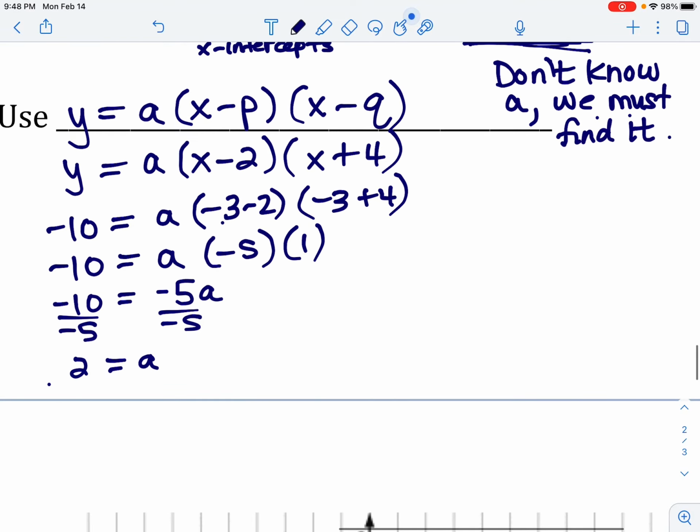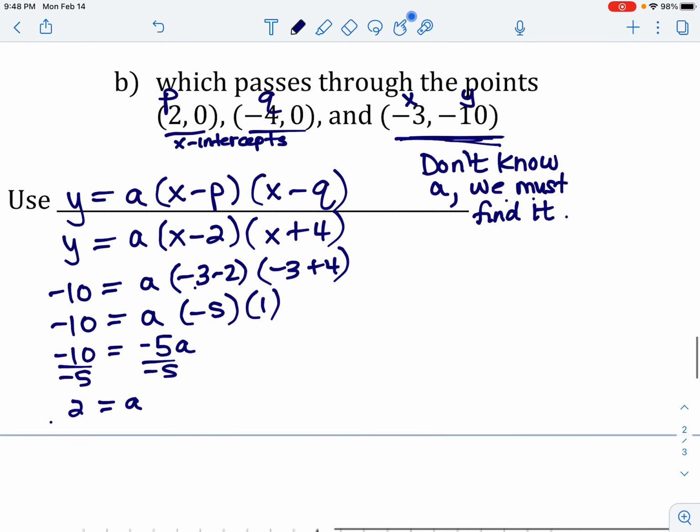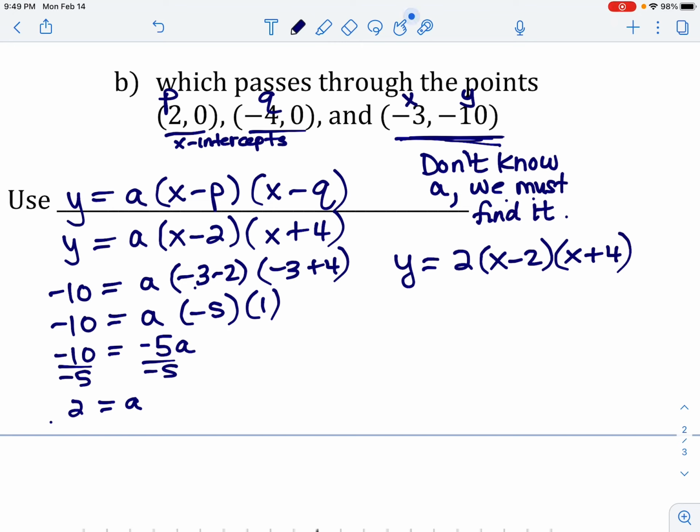Now that I know a is 2, I'm one step closer to standard form. So I can say that y equals 2 times the quantity x minus 2 times the quantity x plus 4. I'm going to do exactly what I did on the last one and FOIL these together. So y equals 2 times the quantity x squared plus 4x minus 2x minus 8.